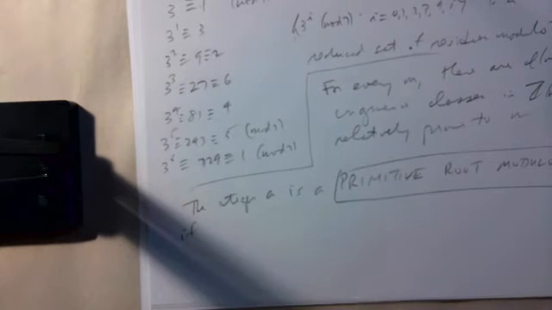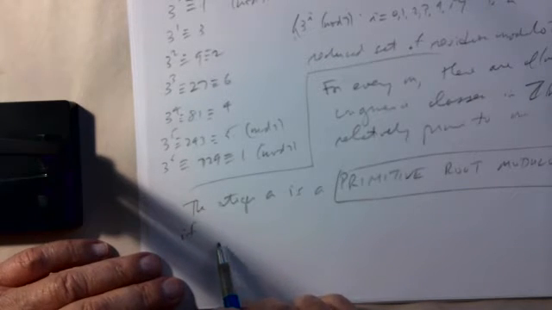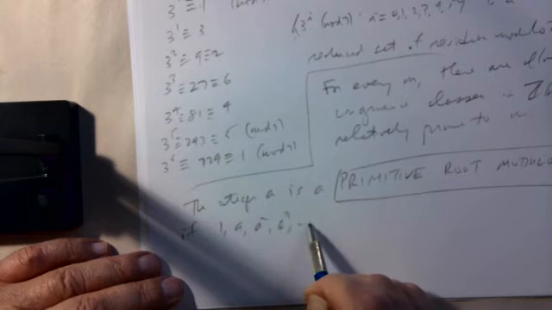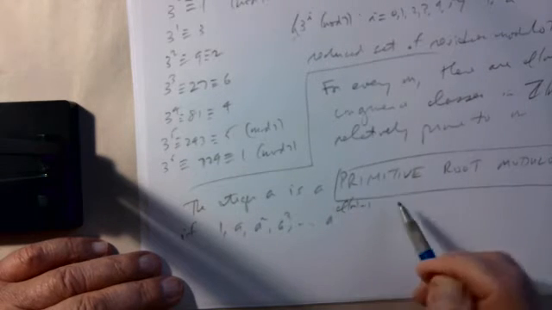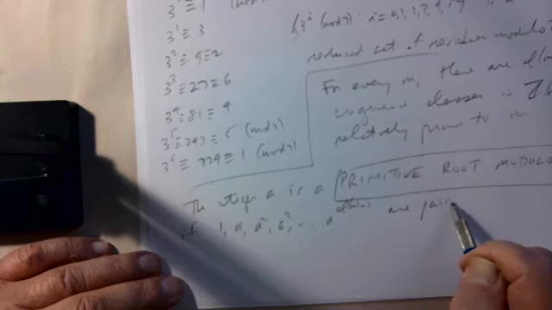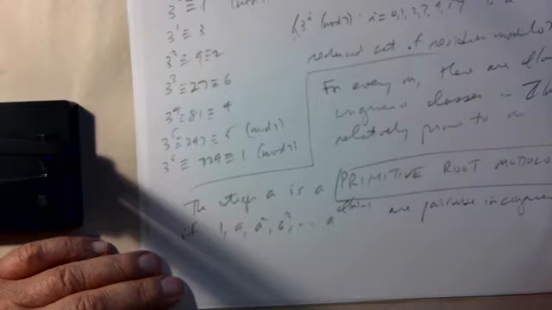More than 2 equivalent ways. If the set of integers 1, a, a squared, a cubed, all the way up to a to the phi of m minus 1 are pairwise incongruent modulo m.